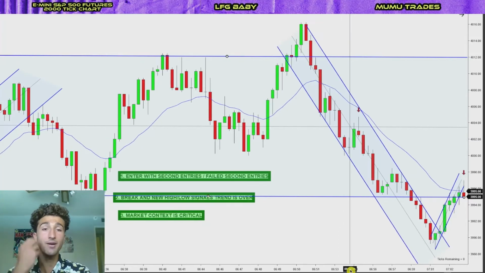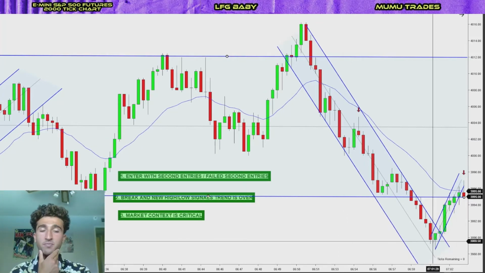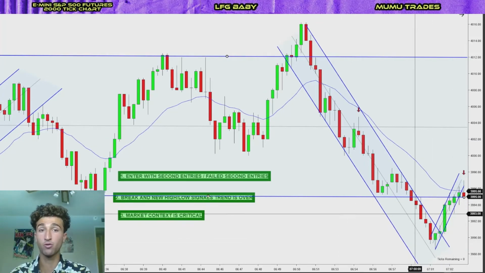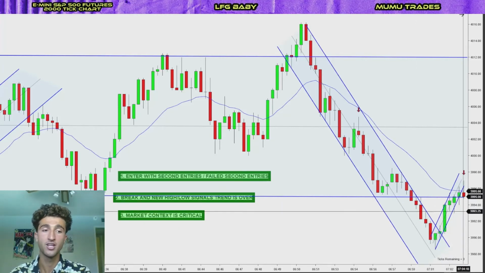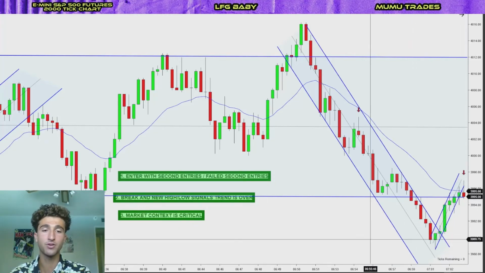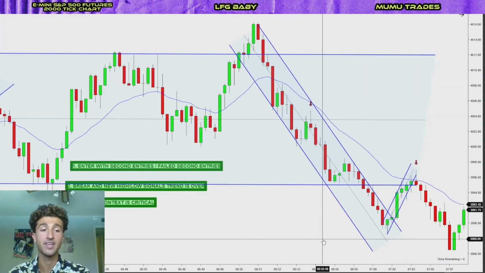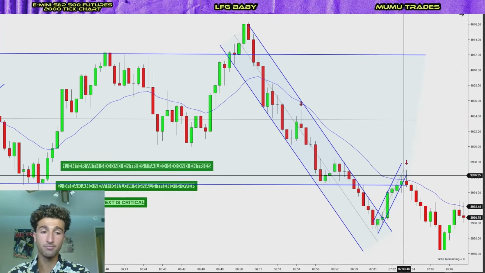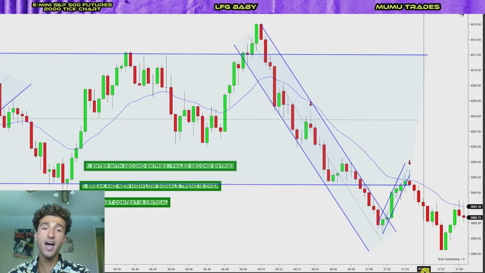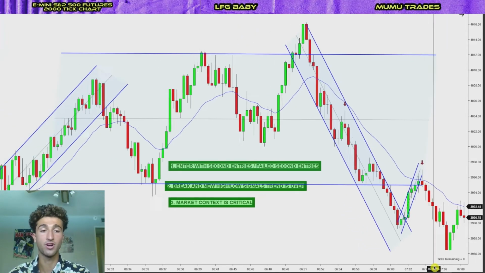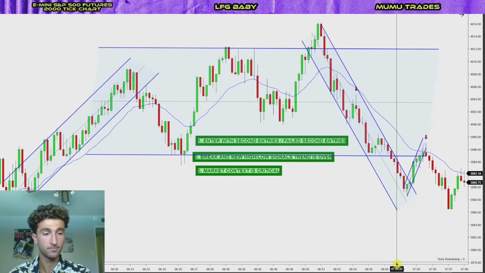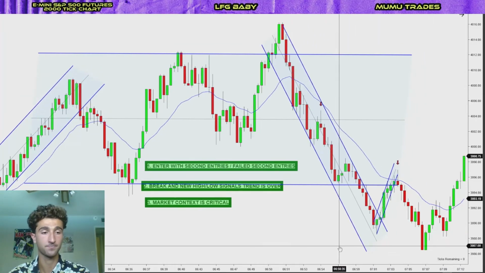So what I'm thinking in my head, okay, there's people going long too early before there was a break and a new low of this trend. So if the next bar breaks below this one, I'm going to go short all day, and it would have worked out. Now we had a break and a new low, so now we can start potentially looking for a reversal in trend. But let's see what ended up happening.